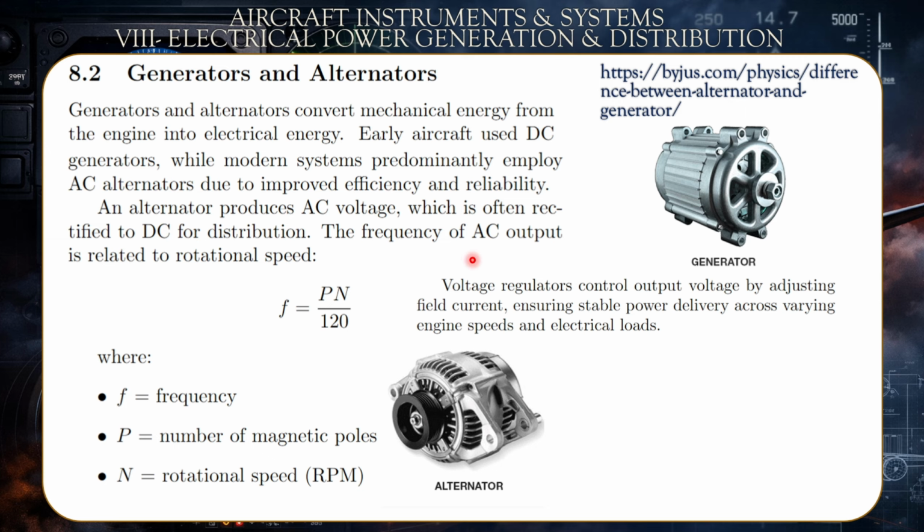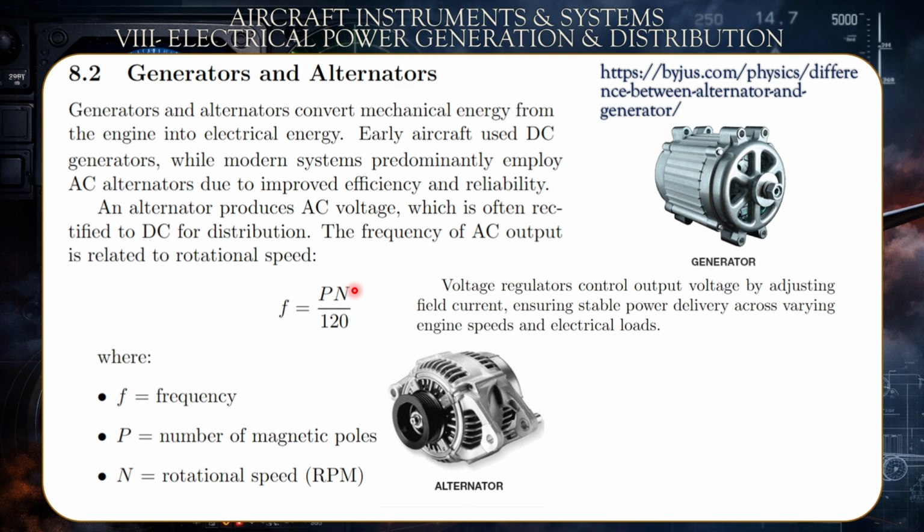The frequency of AC output is related to the rotational speed of the alternator, which is given by F equals P times N divided by 120, where F is the frequency, P is the number of magnetic poles, and N is the RPM, the rotational speed of the alternator.